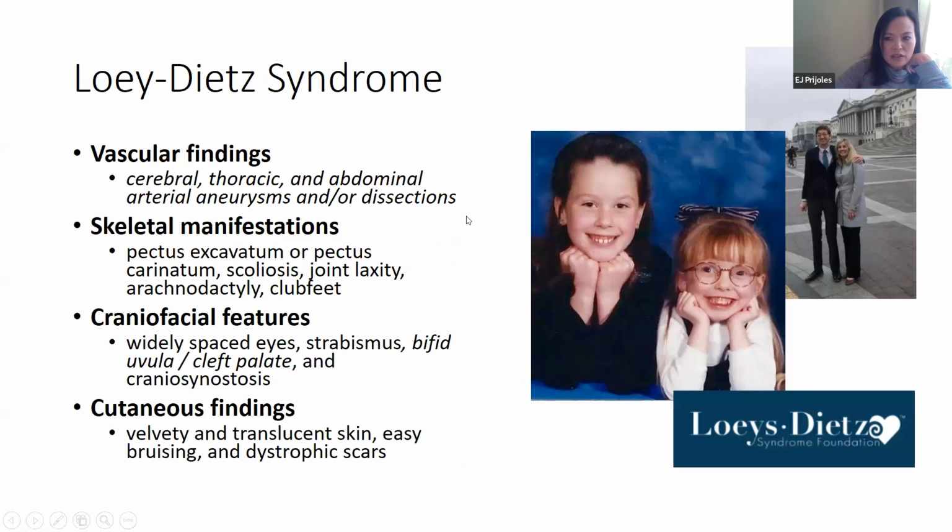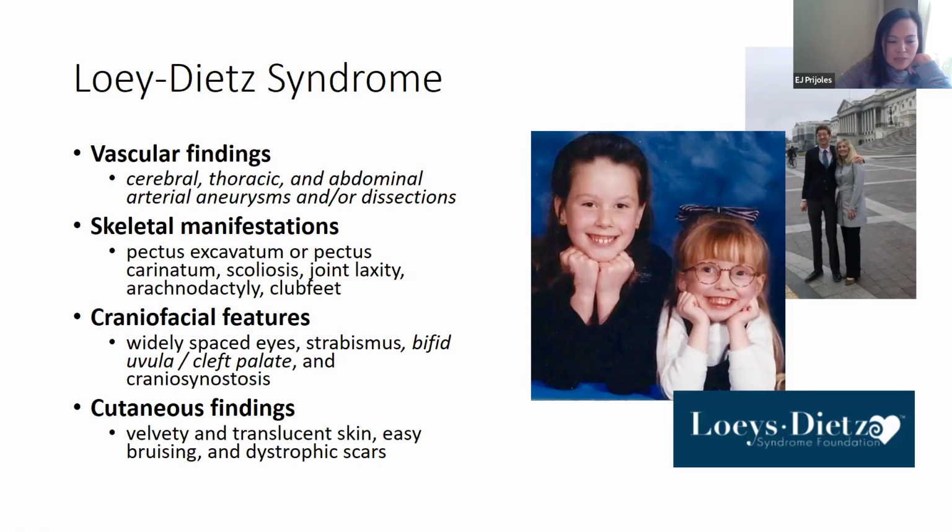And then just a couple of characteristics of Loeys-Dietz syndrome. So again, this is in the differential for Marfan, but the vascular findings are much more severe, where individuals can have cerebral, thoracic, and abdominal arterial aneurysms and dissections.